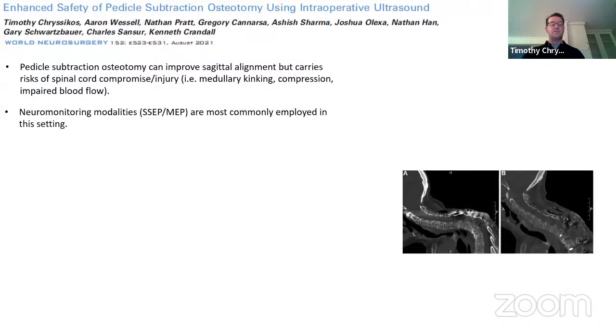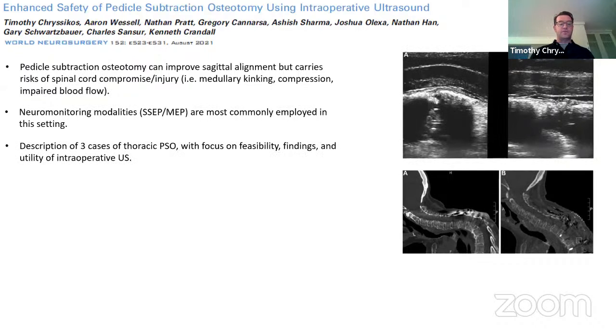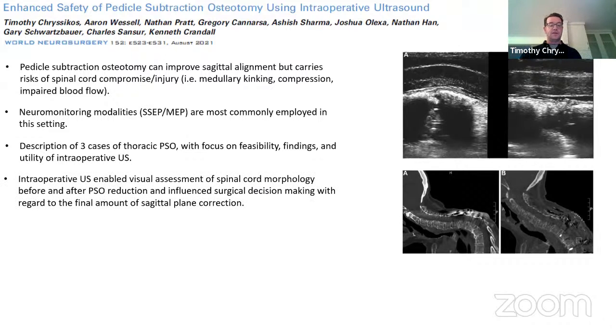Typically, and for many years, we've used SSEPs and motors to help monitor the critical portions of the operation. In this paper, we looked at 3 cases of thoracic PSO, focusing on feasibility, findings and utility.